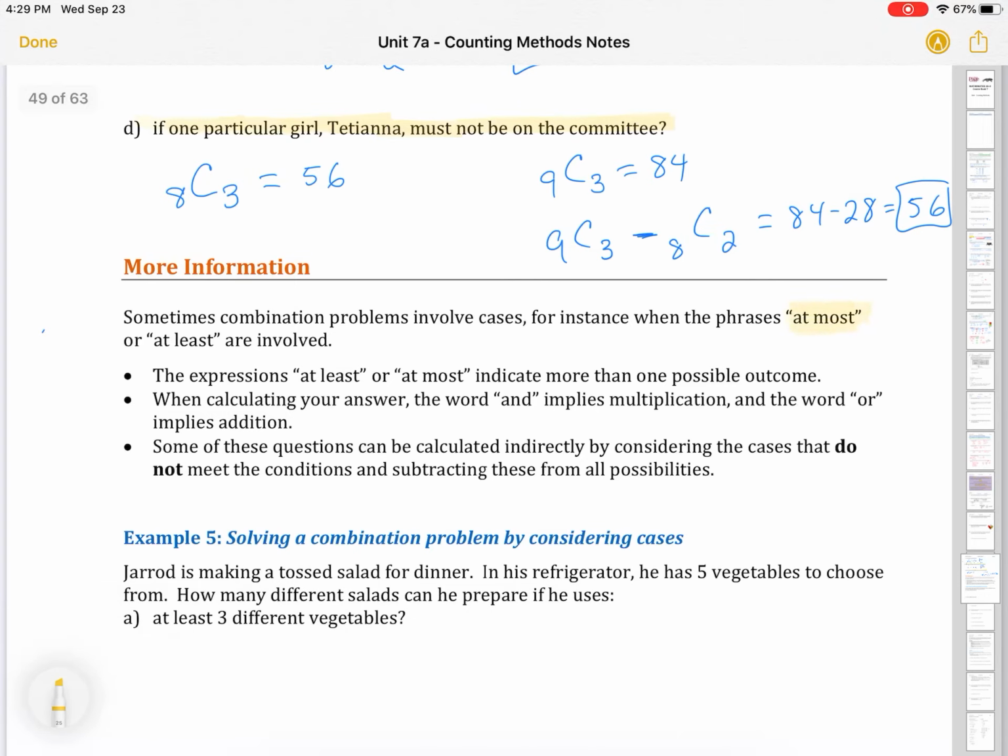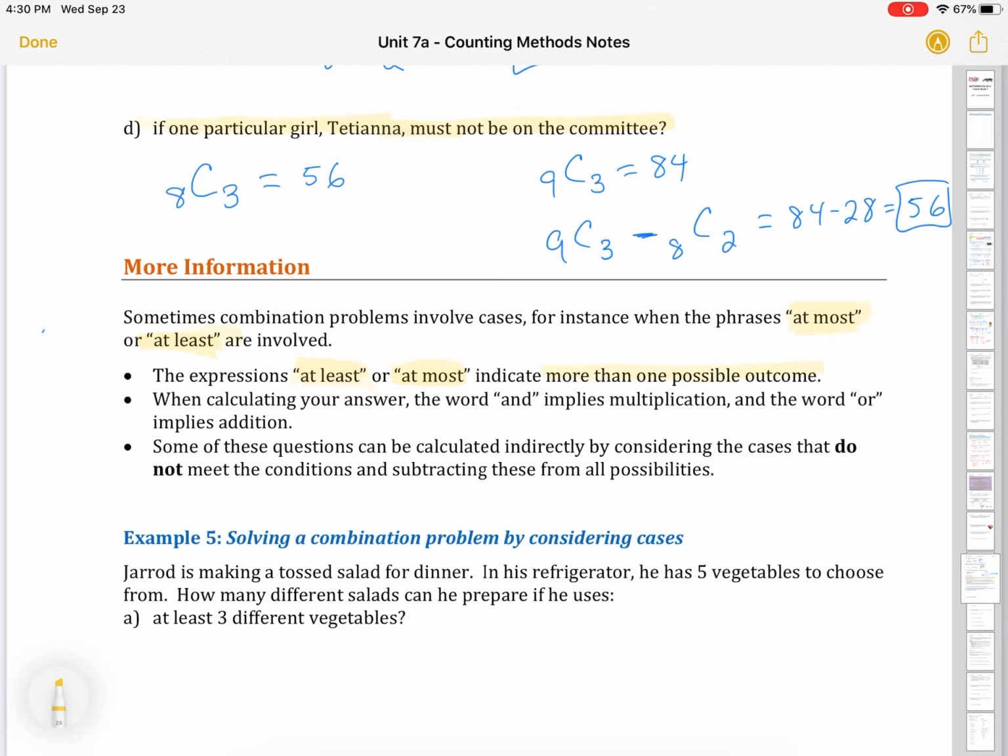So let's take a look here. More information. Sometimes combination problems involve cases. For example, we use phrases like at most or at least, just to show that we might have more than one possibility. Remember when we talked about this with permutation with the flags? Well, the same thing can happen with combinations.